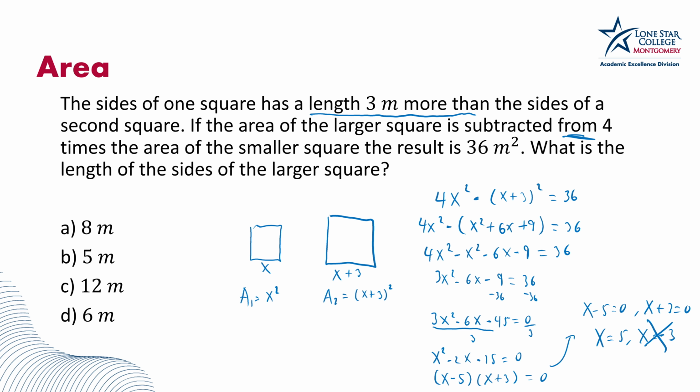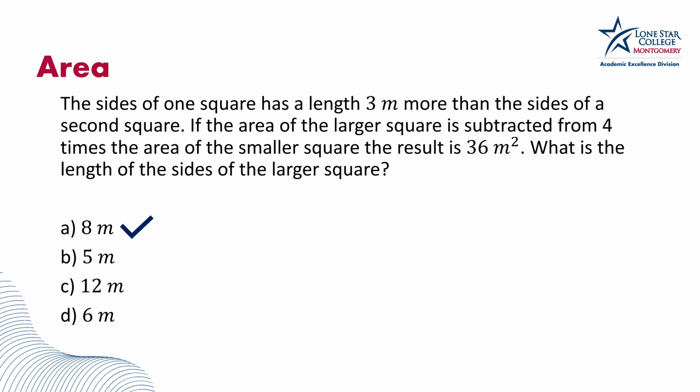The question asks for the length of the larger square, which has a side of x plus 3, which is just 5 plus 3, giving us 8. So the length of the side of the larger square would be 8, which gives us answer choice A.